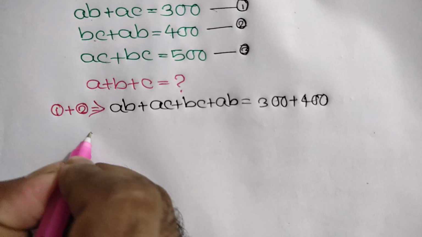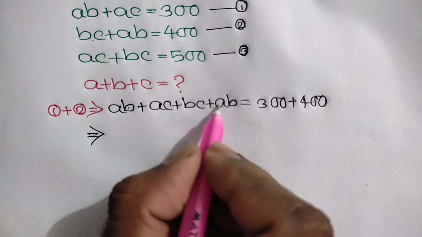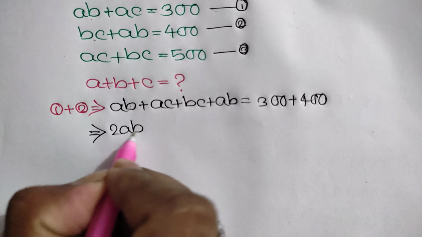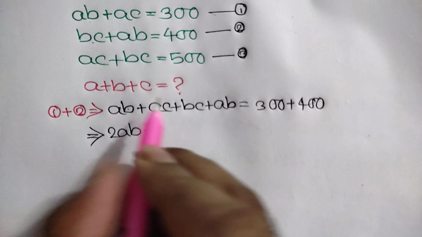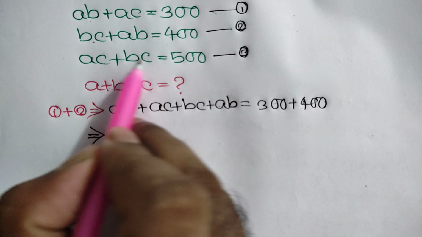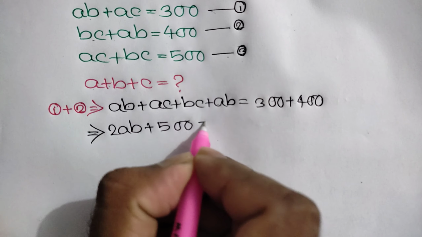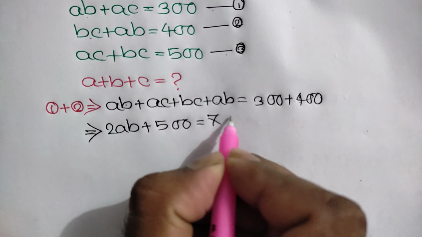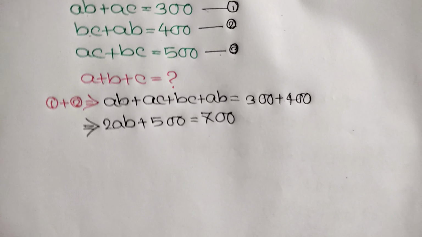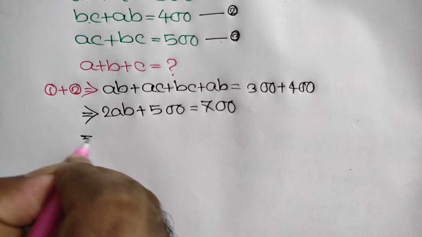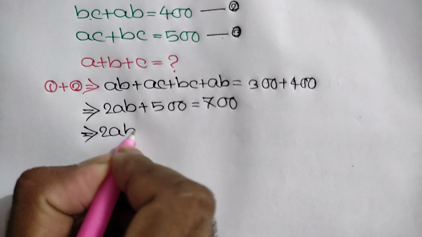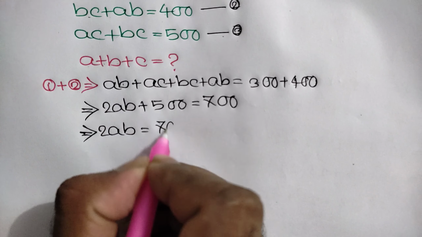Or AB plus AB is twice AB, plus AC plus BC. Here AC plus BC is equal to 500 from equation 3. So we can write here 500 is equal to 3 plus 4 is 7 with double zeros, that means 700. Or twice AB is equal to 700.